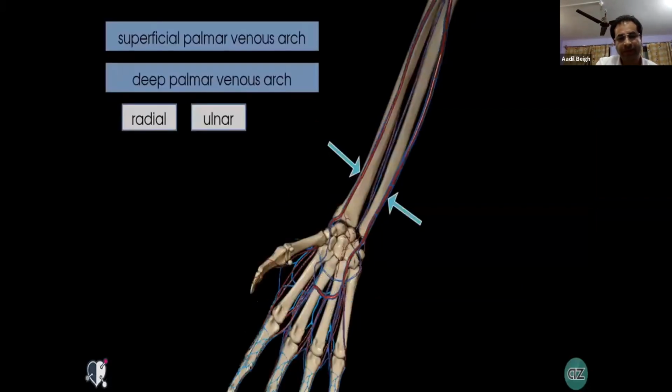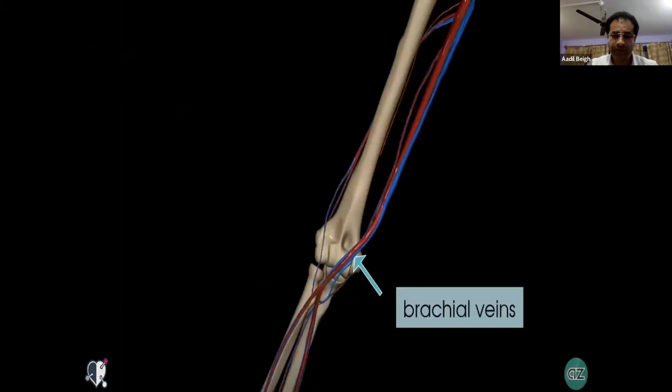So there are deep branches. They run along the arteries and form a pair of veins. This is known as the ulnar vein, and this is the radial vein, and they run along the arteries and join at the cubital fossa, joining the superficial veins.